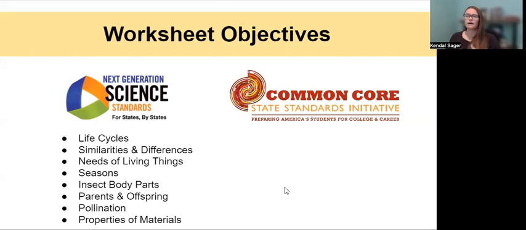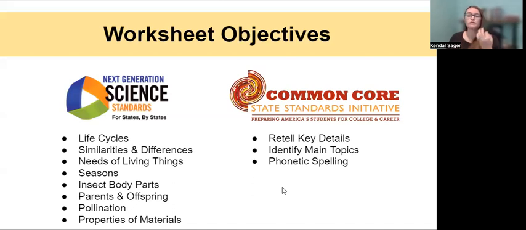Common Core covers just about everything else. For English language arts, if we're doing a bee-based presentation, it's actually like writing standards. So retelling key details of the presentation, identifying the main topics of the presentation, phonetically spelling unfamiliar vocabulary, which we've got plenty of with bees as you're trying to get them to spell proboscis.